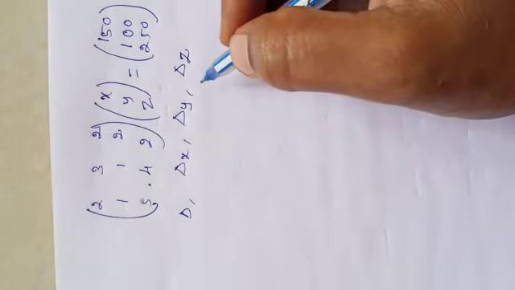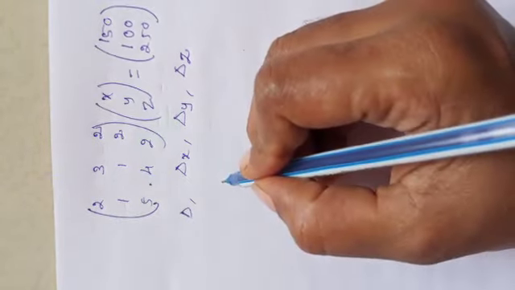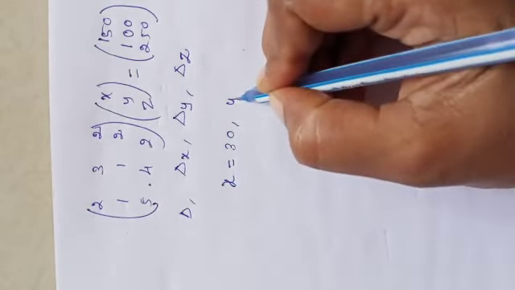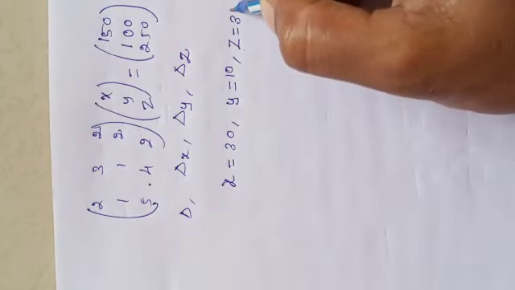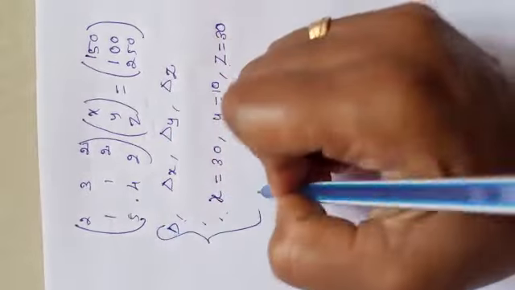This is your homework part. This question you have to complete. I am giving the answers alone. x is equal to 30 you will get, y is equal to 10 and again z is equal to 30. This everything you have to do.